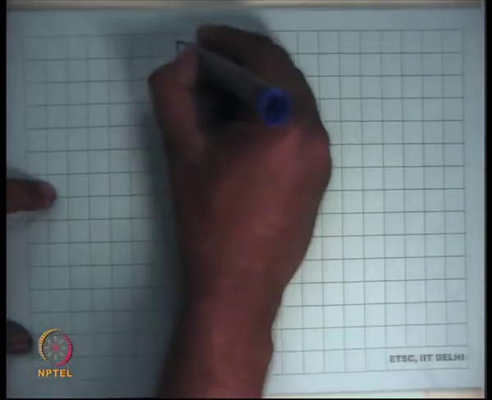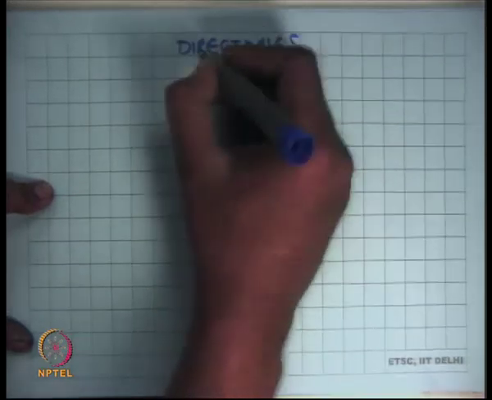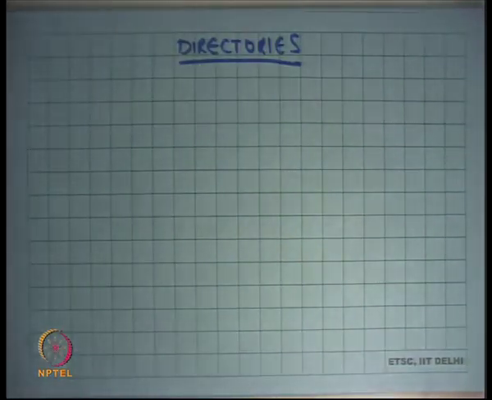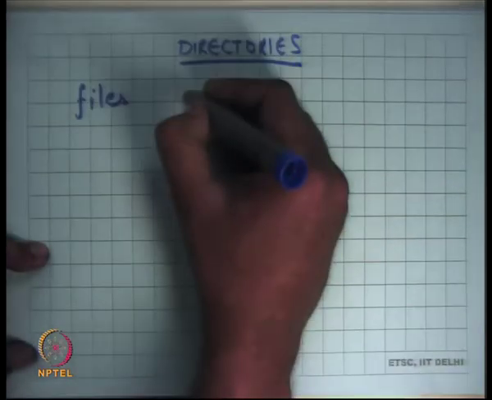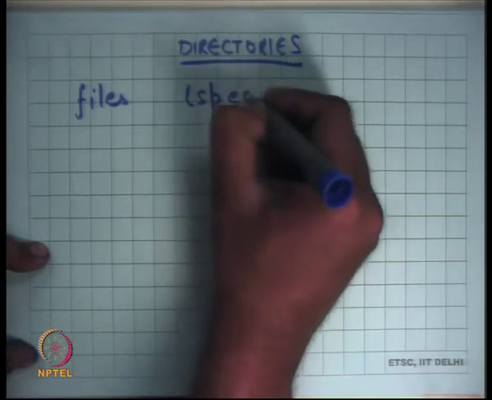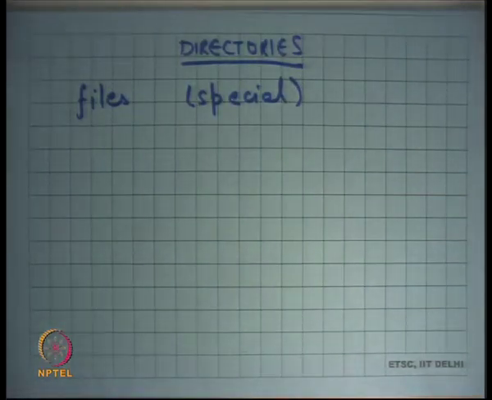Okay. So what about directories? How are directories implemented? Directories are nothing but files, but special. They're special in that the user cannot read them directly. It's the operating system that can read them, right?